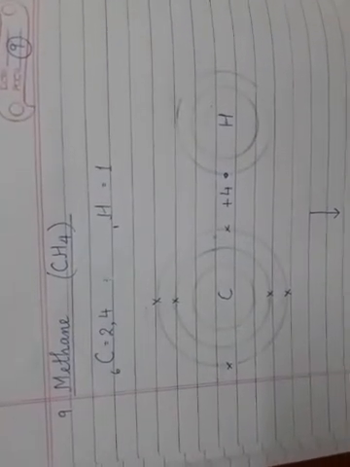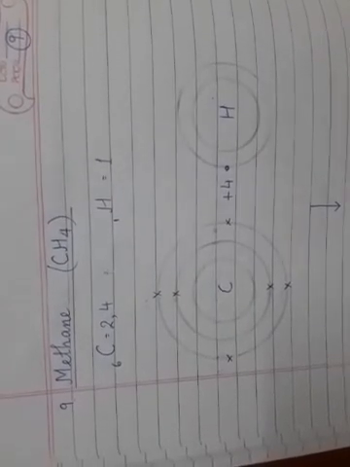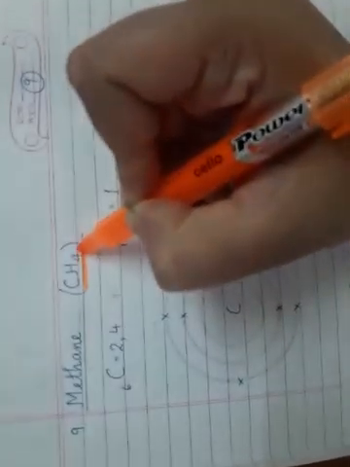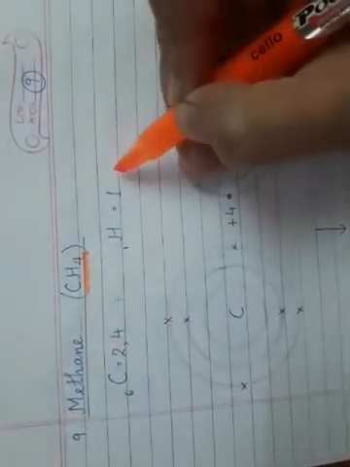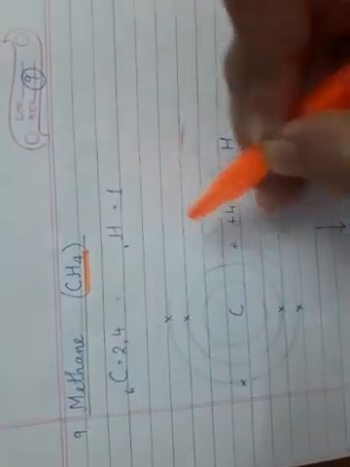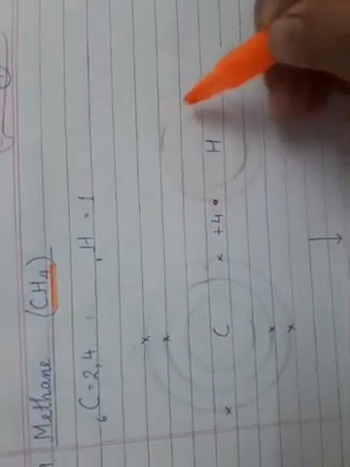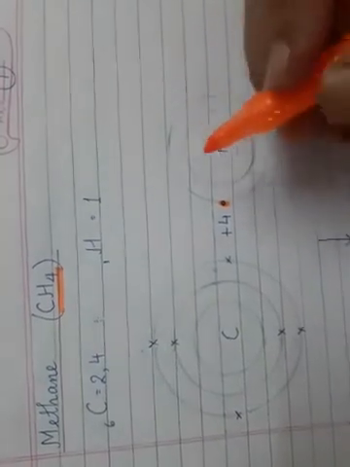Next, methane. This is very easy, children, since you have done carbon tetrachloride. Similarly, you have methane, which is CH4. Carbon 2, 4. Hydrogen has 1 electron. So you will show the 4 electrons of carbon with 4 atoms of hydrogen showing 1 electron each.